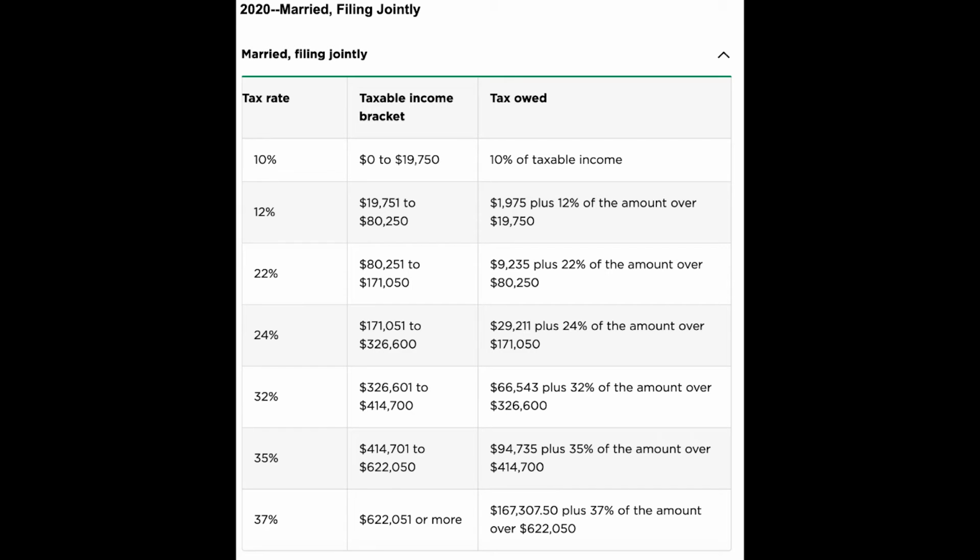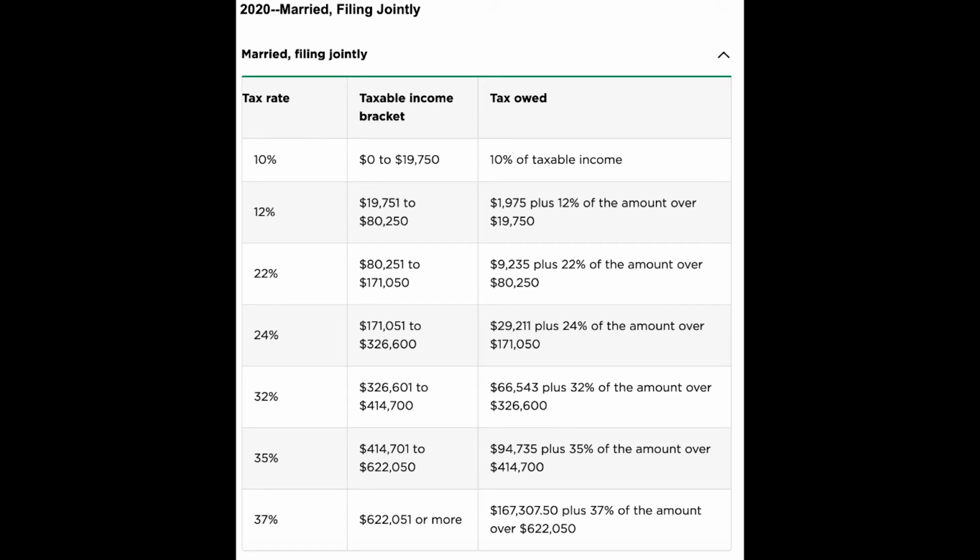The 22% bracket is up to $171,050. The 24% bracket is up to $326,600. The 32% bracket is up to $414,700. The 35% bracket is up to $622,050. And then the 37% bracket is anything above and beyond $622,051.